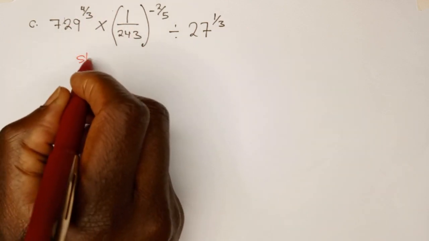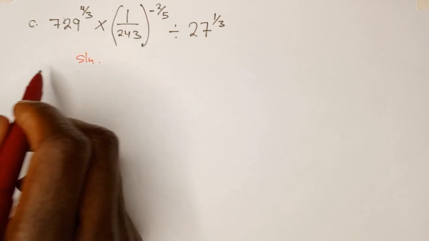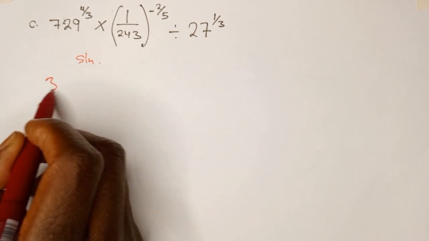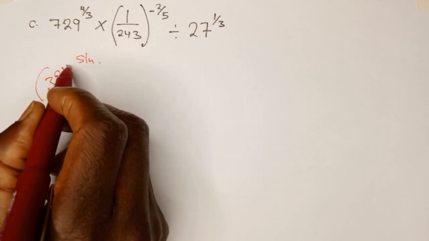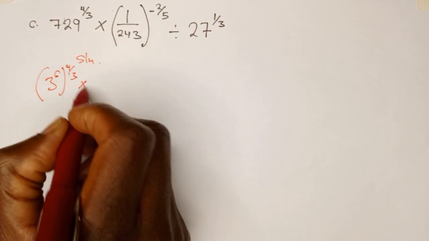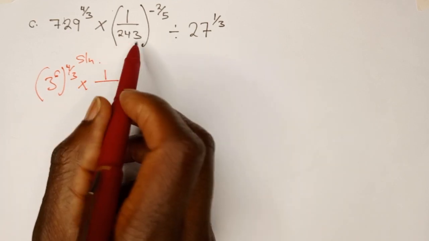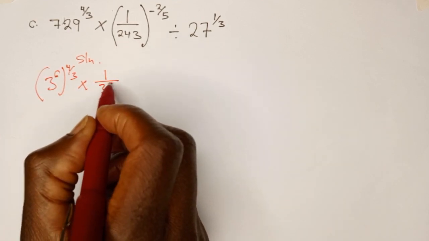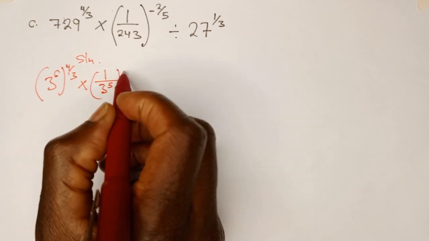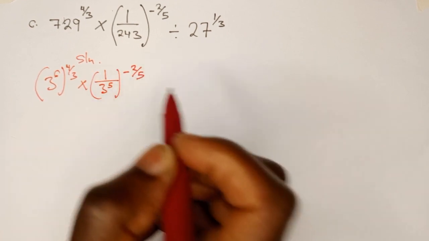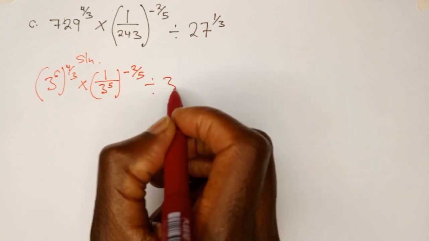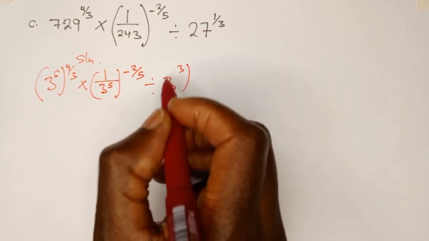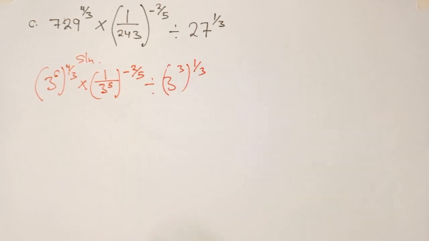So solution, 729 can be written as 3 raised to 6, then outside we have 4 over 3, times 1 over 243 which can be written as 3 raised to 5, outside we have negative 2 over 5, then divided by 27 which can be written as 3 raised to 3, then we have 1 over 3. When it is in this form, it is very easy to solve.